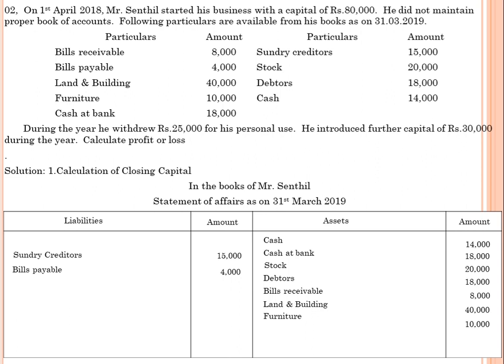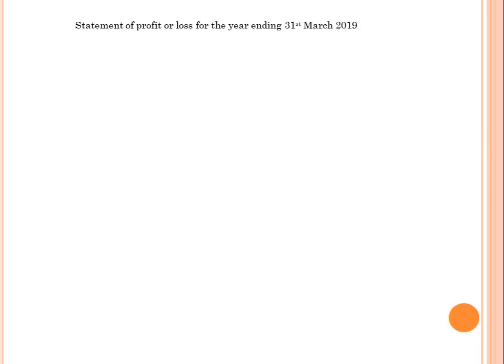You know very well, adjustments are incorporated only at the time of finding the closing capital. Now find the total of the asset side: 1,28,000. Put the same 1,28,000 on the liability side and find the missing figure, that is the capital, the balancing figure. How much? 1,09,000.